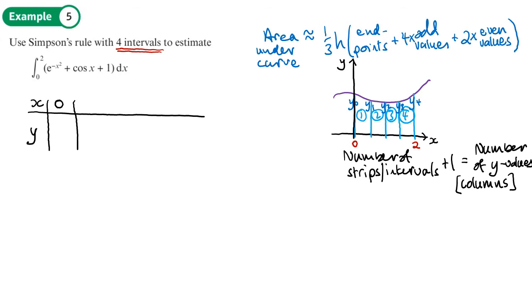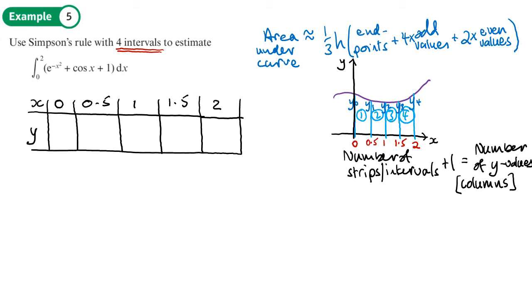So if I'm going from 0 to 2 and dividing 2 up into 4 bits, then 2 divided by 4 is 0.5, or a half. So x must go up by 0.5. So I can fill in the top row of the table: 0, 0.5, 1, 1.5, and 2. So you can see 5 values, even though there are only 4 strips. The number of values is 1 more than the number of strips.